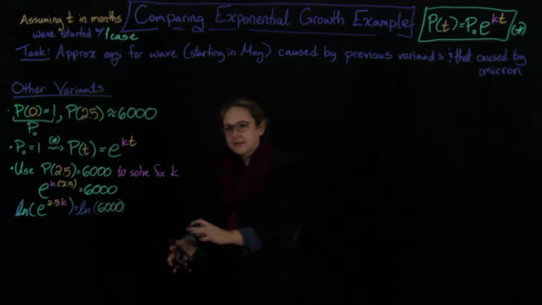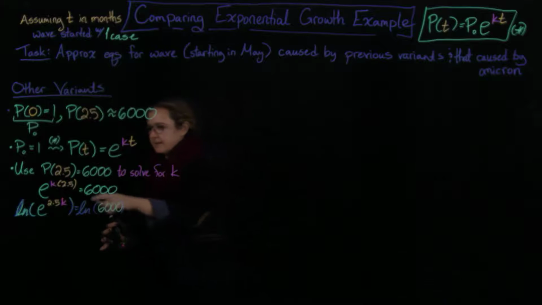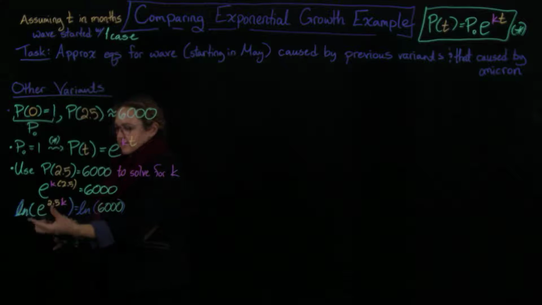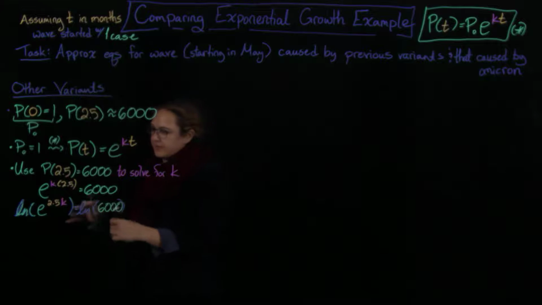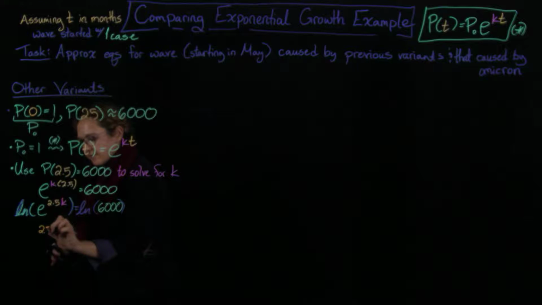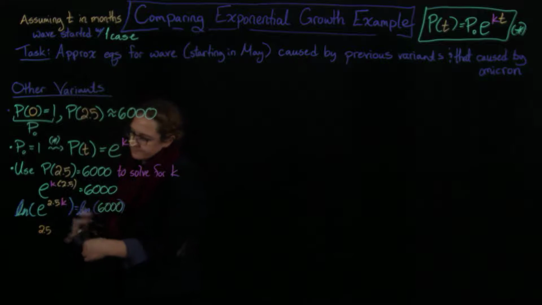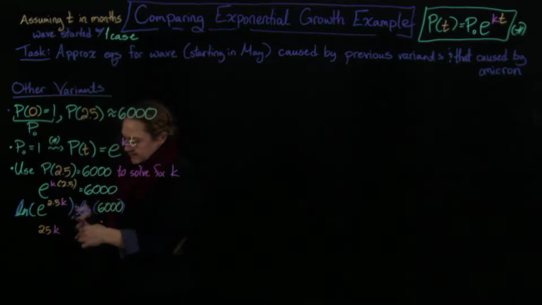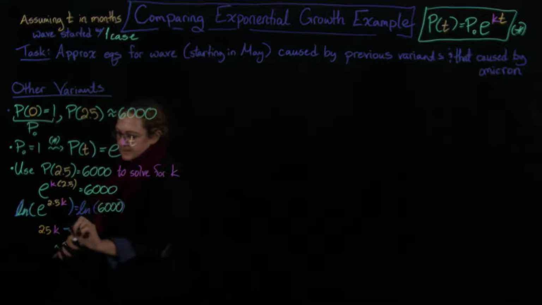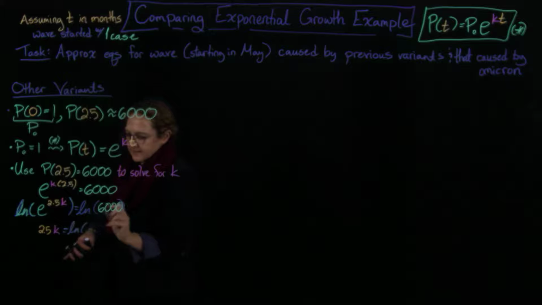Because these are inverse functions, I just get left with my 2.5k, which is going to equal the natural log of 6,000.